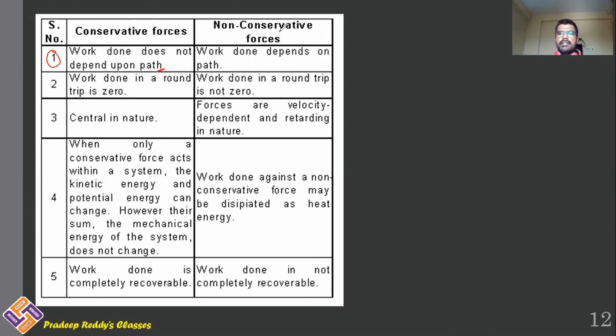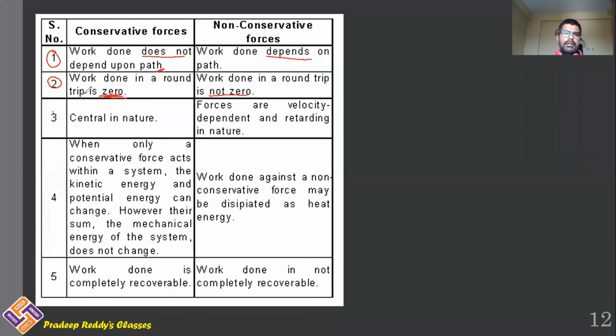In case of non-conservative forces, work done depends on the path. Here it does not depend, and here it depends on the path. Coming to the second one, work done in a round trip is 0. We have already discussed that for conservative force, work done can be 0. For non-conservative force, work done even in the round trip is also not equal to 0.